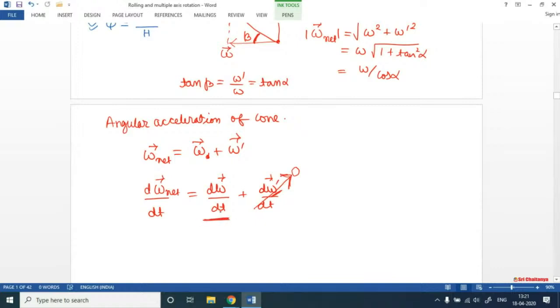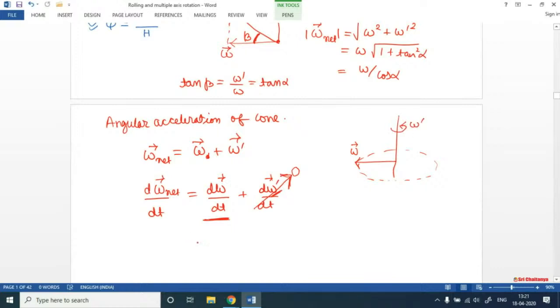Now looking at this quantity, let me draw this diagram again. The direction of omega was in this direction, and this was rotating about the y-axis with an angular velocity omega dash.